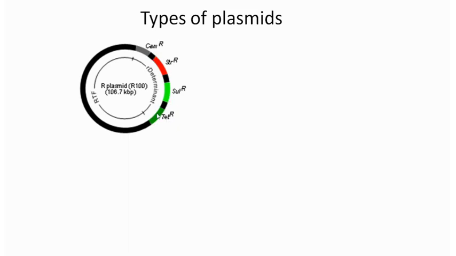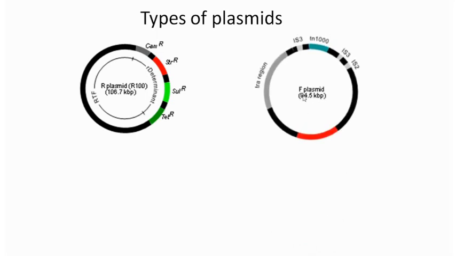There may be multiple antibiotic resistance genes present, and this has been obtained through horizontal gene transfer through conjugation. The first bacterium, as I told a little earlier, was Shigella dysenteriae, which became antibiotic resistant in the 1950s in Japan, and the bacterium was found to possess the R plasmid. Later on, it was seen that this plasmid is present in many pathogenic bacteria which have become antibiotic resistant. So this is about R plasmids.